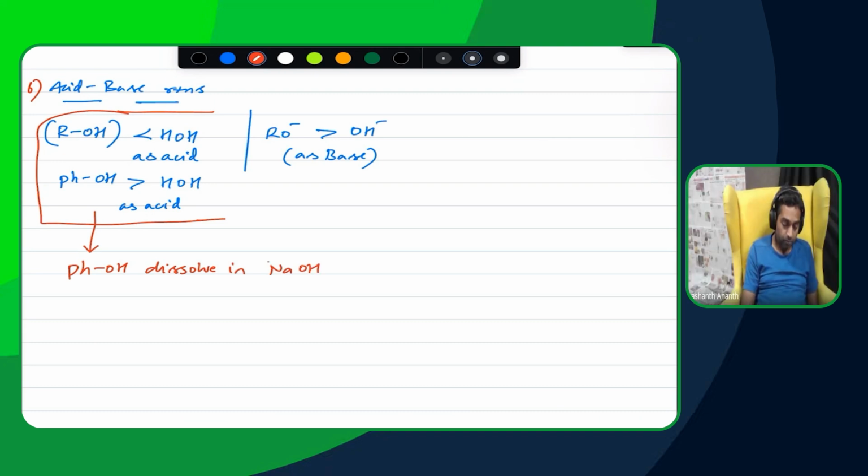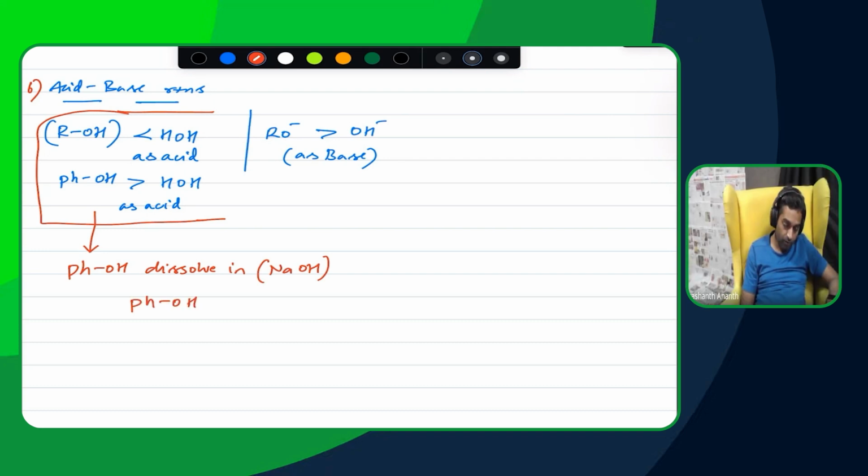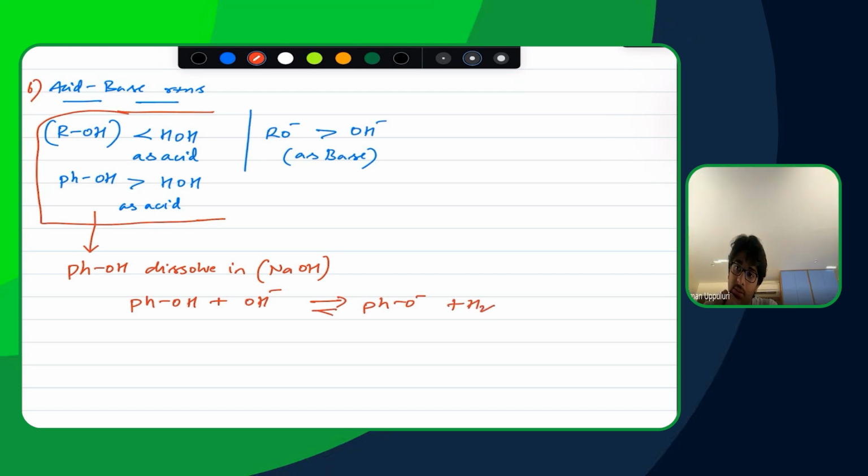Why? If it is dissolving in sodium hydroxide, what will be the reaction? Phenoxide ion is formed. That means you're having a reaction with OH minus. It is going to be PhO minus plus H2O, water.